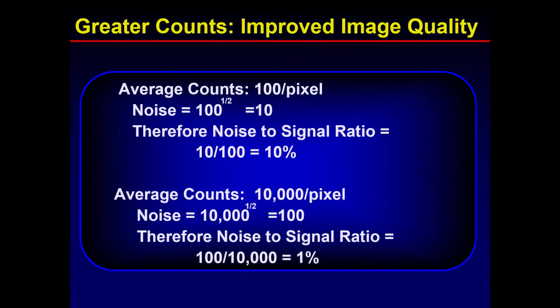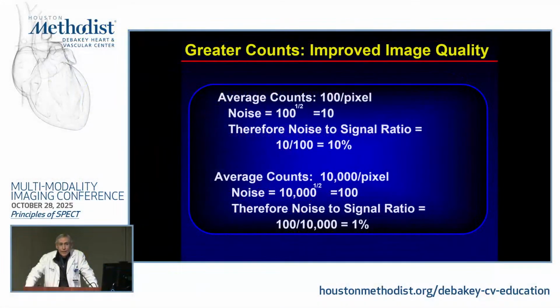Okay, so that brings me to another issue about counts and why counts or sensitivity is so important. Because noise is based on what your count density is. So for instance, if you had an average count of 100 counts per pixel, you would have 10% noise, which is really pretty unacceptable. But if you had 10,000 counts per pixel, you would actually go down to 1% noise, okay?